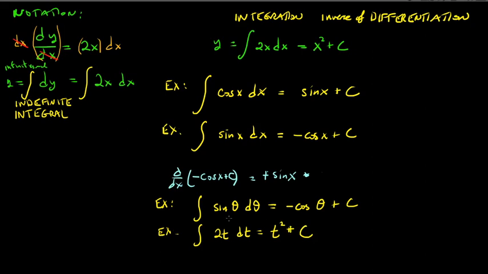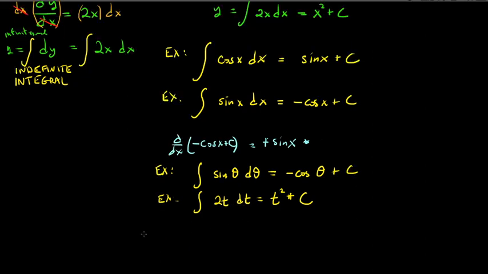Okay, so yes, you use whatever letter, whatever variable you're using, as long as it's the same here, right? So you have to be careful in the following sense. If you want to do an integral of 2x, but with respect to, let's say, t, well, that's a little tricky here because we don't exactly know what this x is in terms of t, right? x might be a function of t, right?